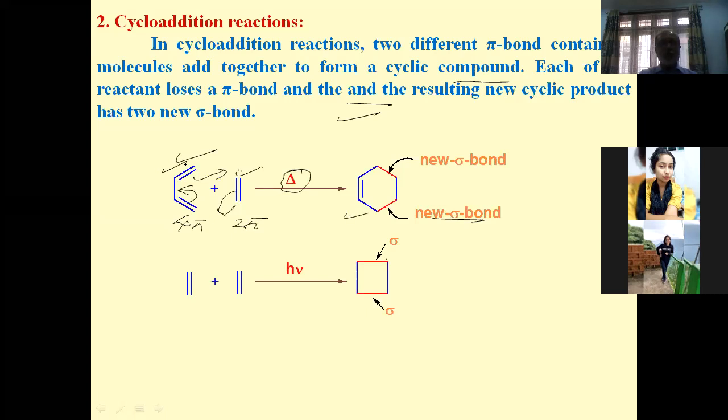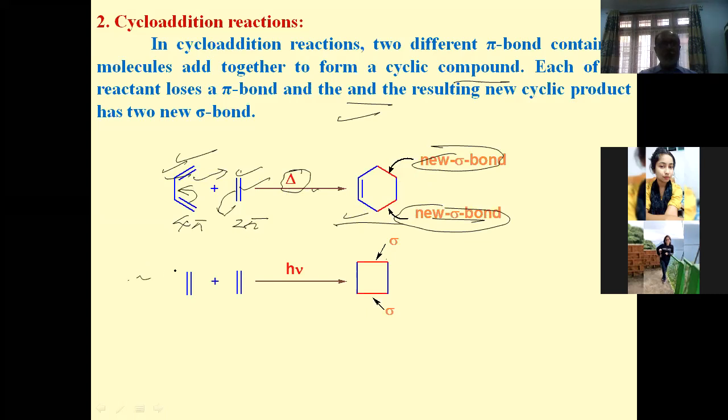This has 2 pi electrons; in the product, we will have one of them. This had 1 pi electron, this had 1 pi electron, and this is going to have no pi electron at all. And we will have these 2 new sigma bonds. These are the features of cycloaddition reactions.